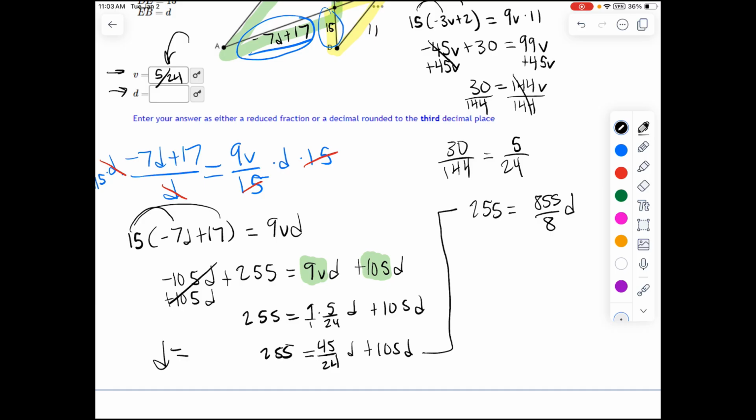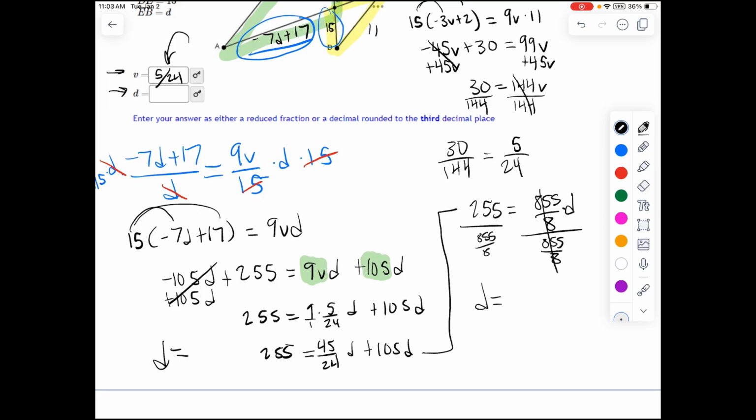Okay, and then it's just a matter of solving for d. You can do this one of two ways. You can multiply by 8 and then divide by the 855, or you can do it all in one step and say, hey, that fraction's being multiplied to d, so you can divide by that fraction. And once you divide by a fraction, you multiply by its reciprocal.